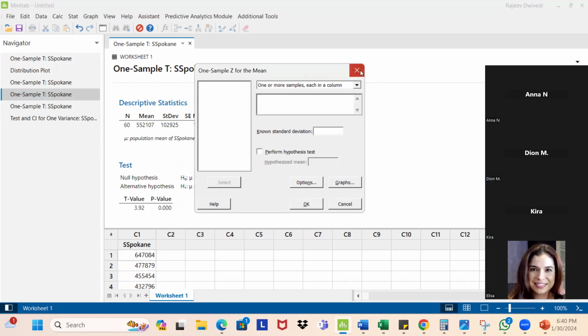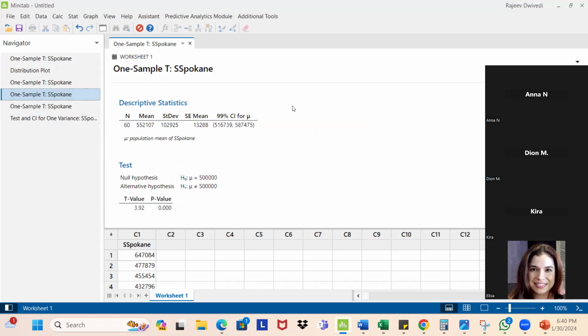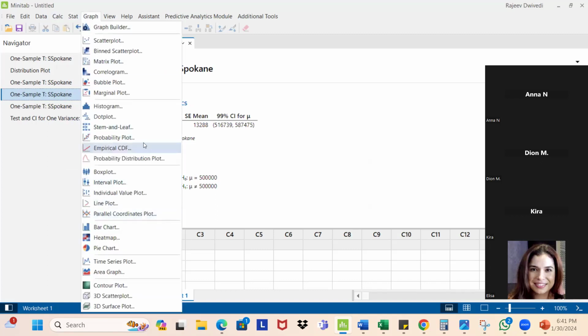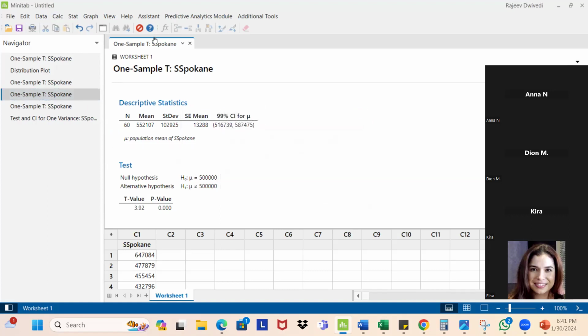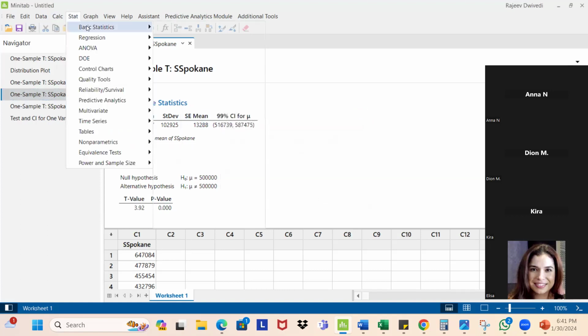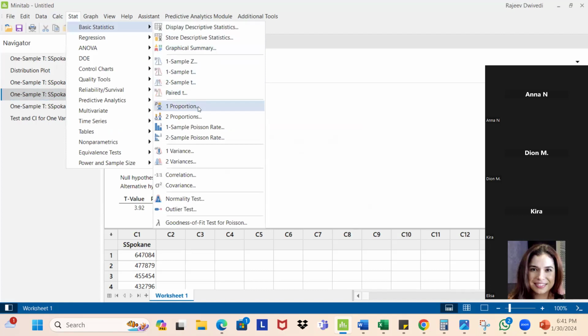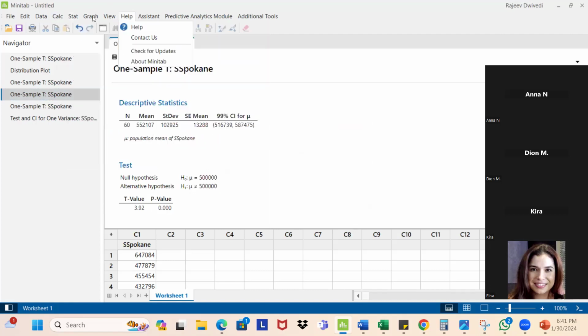Let's say, for example, 150 samples you have. So I show you probability distribution, and I hope you are able to see my Minitab.